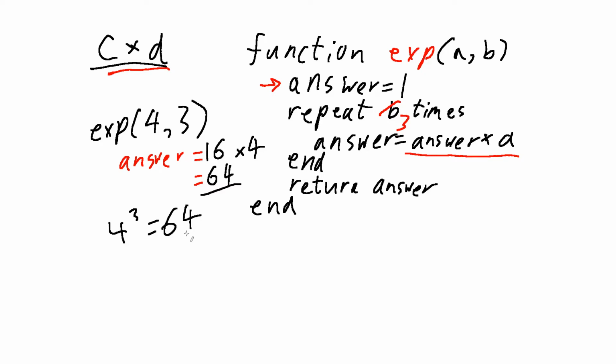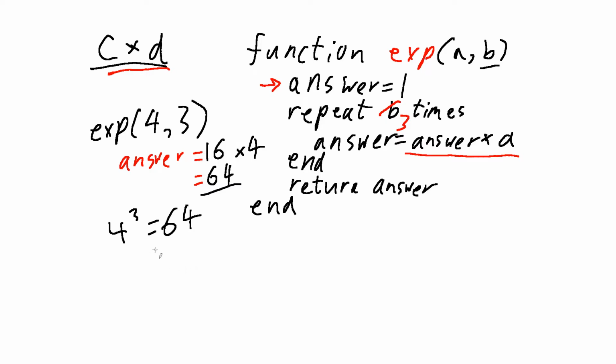Now this isn't a proof, but it should be clear that we're repeating the amount of times specified by the exponent, and in that iteration we are multiplying some past multiplication of a by itself, and that fits with the definition of exponentiation.